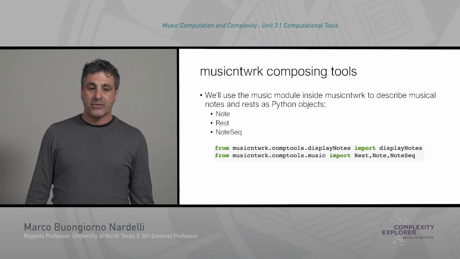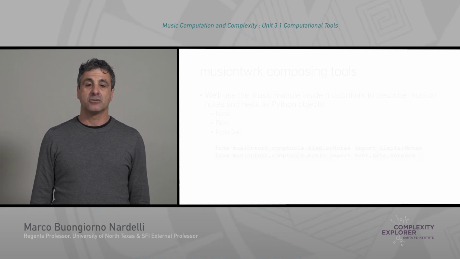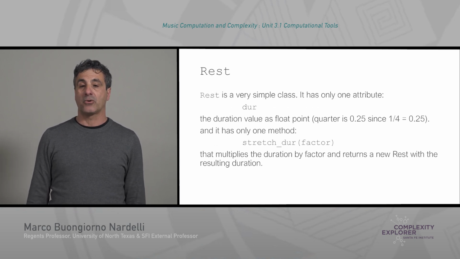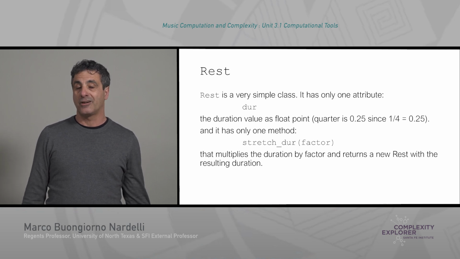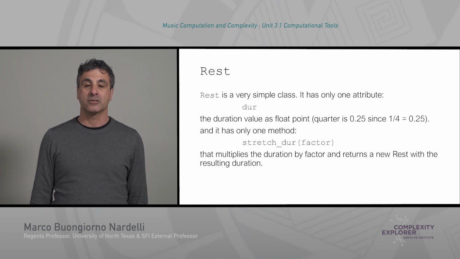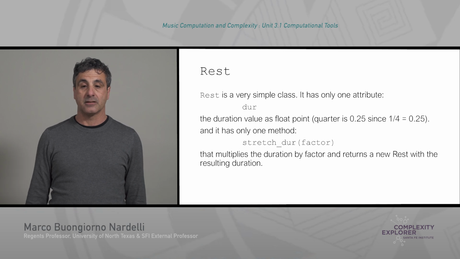These 3 objects deal with the 3 main components of music representation. We start from Rest, a very simple class of this library. It is an object that generates a rest with a given duration, and the duration is the only parameter that this class accepts. It accepts a duration as a floating point, so you can give 0.25 for a duration of 1/4, or even write 1/4, and that will be understood as a rest that lasts for a quarter note.